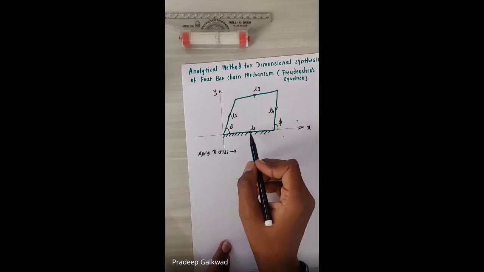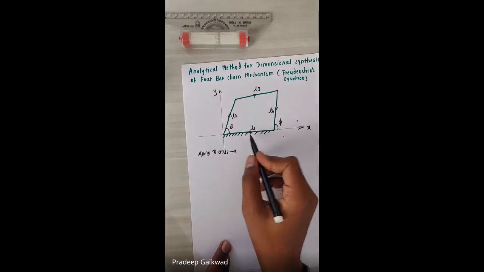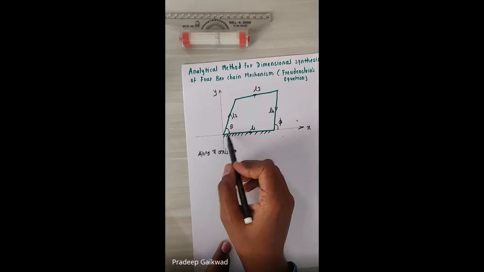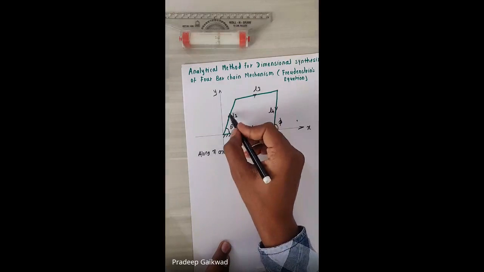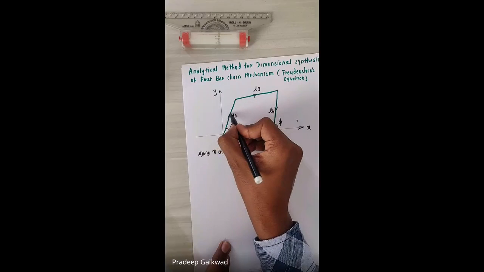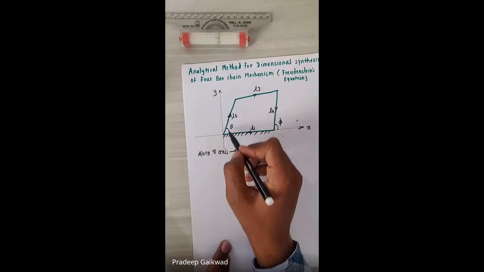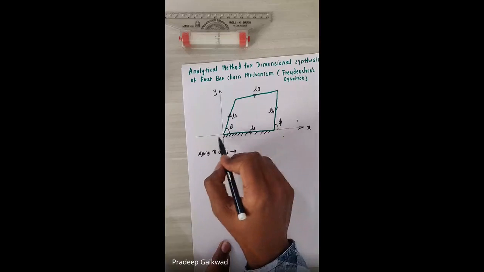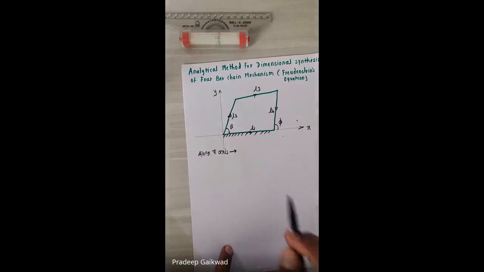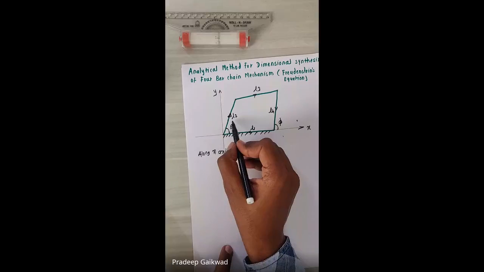Along the x-axis, L1 is towards the left side, so the vector is towards the left. L2 has some angle theta. If I resolve L2 along x and y, its components are L2 cos theta and L2 sin theta.